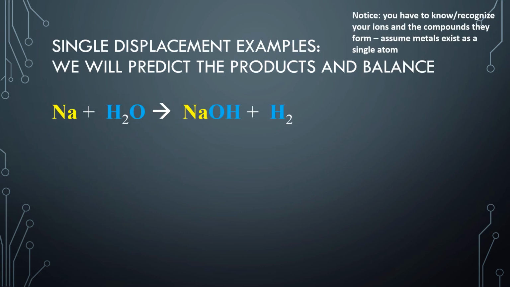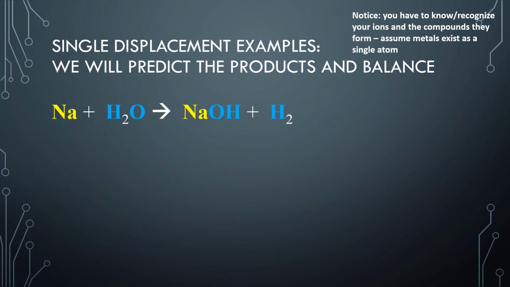So single displacement reactions. There'll be about 5 examples that we're going to go over. This is already done, but I want you to see what's happening. There are going to be 4 steps to consider when you're doing this. You don't have to do this again and again once you get the hang of it, but for now, I want you to try to break this up into 4 steps.